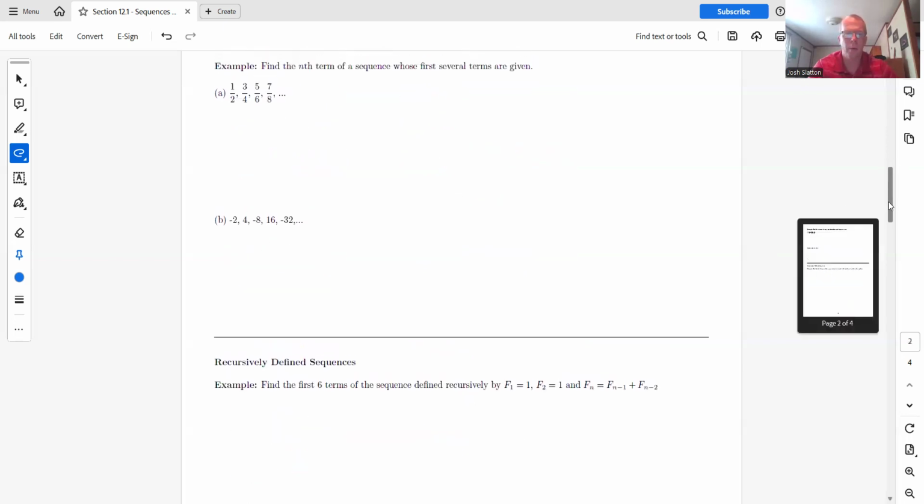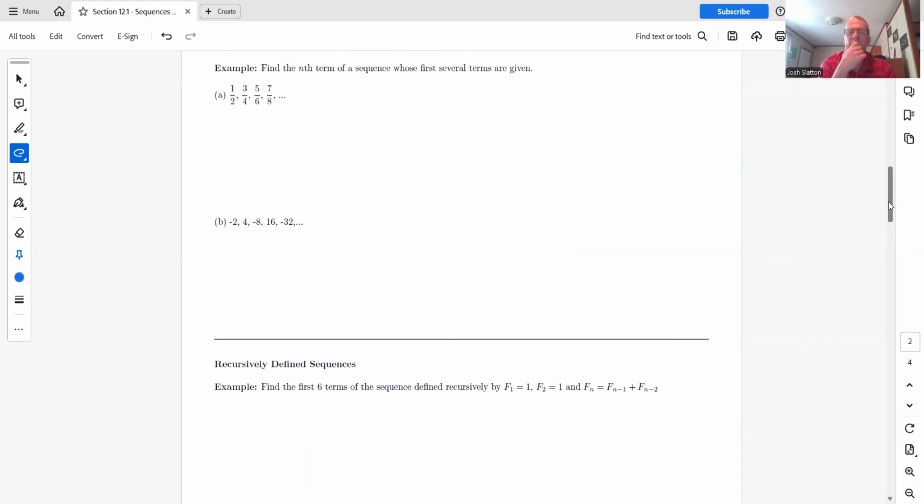We can, of course, do a lot more with this. Find the nth term whose first several terms are given. So this is really just looking for a pattern and getting a formula for what we have here. So A1 would be 1/2, A2 3/4, A3 would be 5/6, A4 would be 7/8.